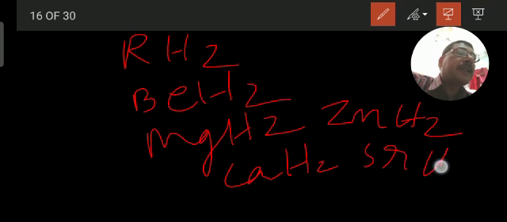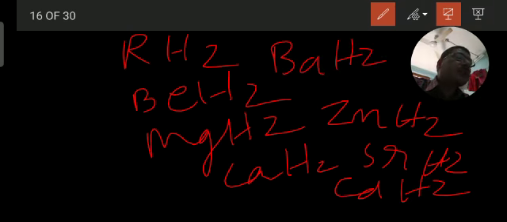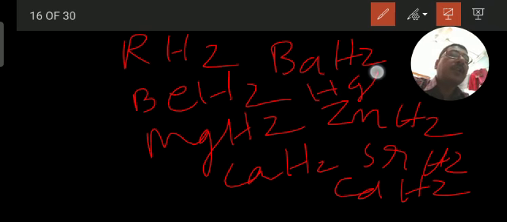Next is Zn, so ZnH2. Next is strontium, SrH2. Then comes cadmium, CdH2. Similarly, barium, so BaH2. Next is mercury, so HgH2.